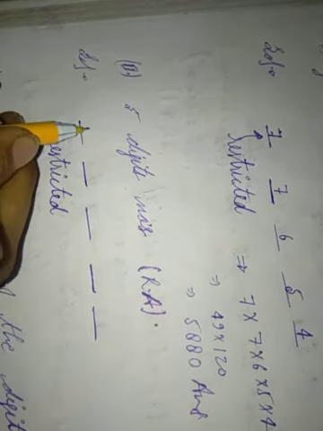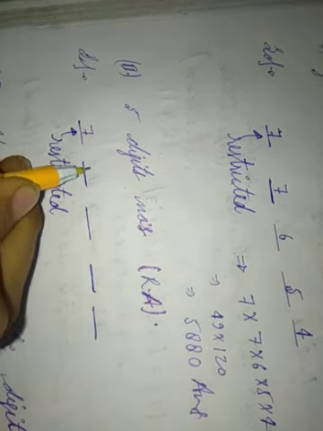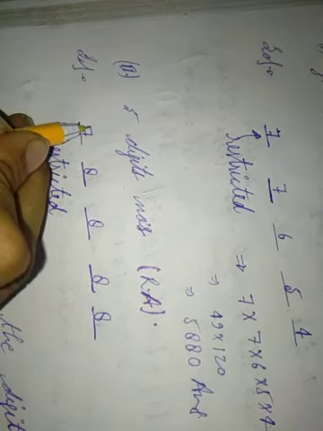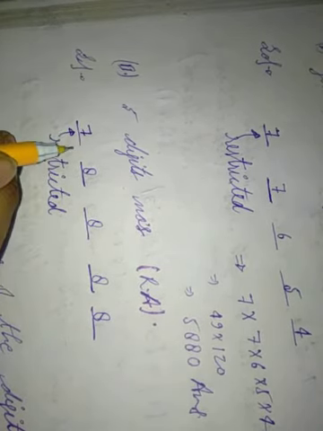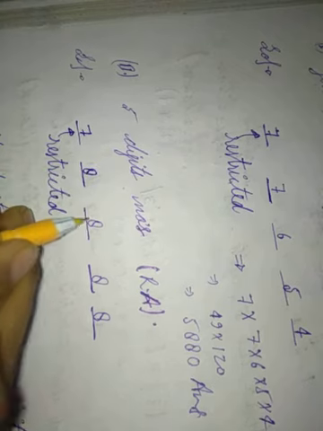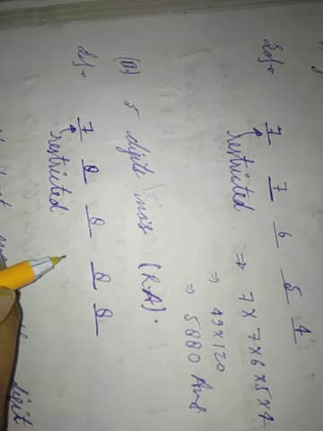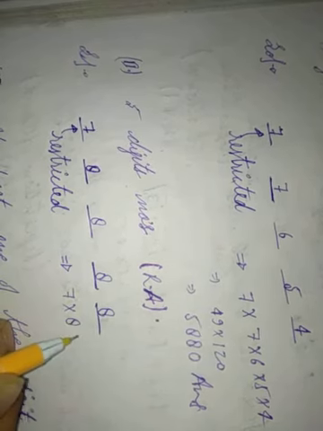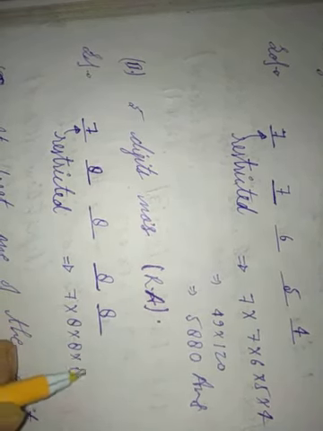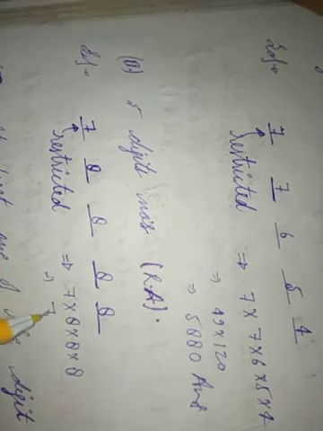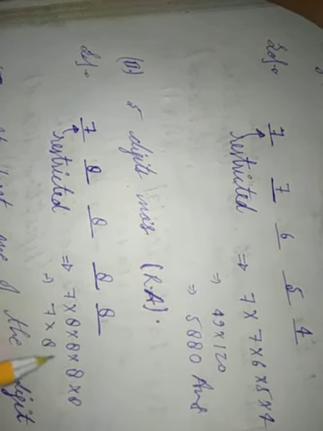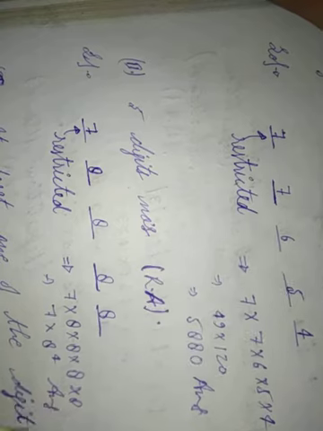So in this case 7, 8, 8, 8, 8, because repetition is allowed. In the first box we fill 7 numbers, and 0 is present in the other boxes, then repetition allowed, and we multiply 7 into 8 to the power 4. This is our answer.